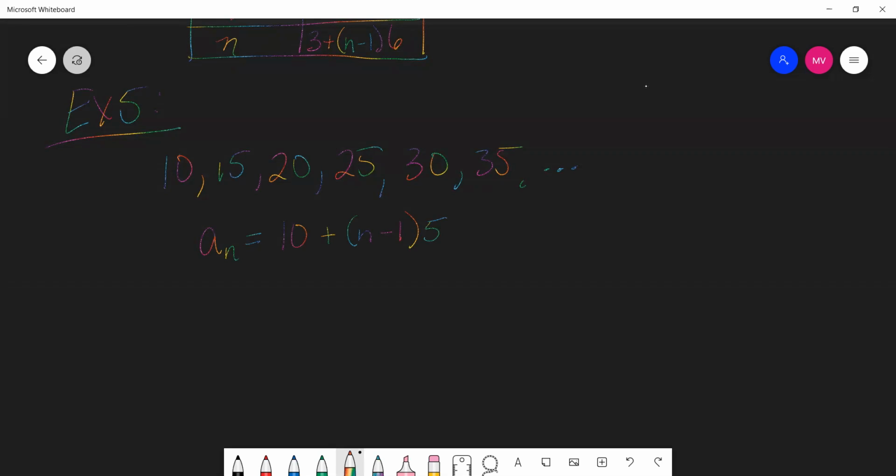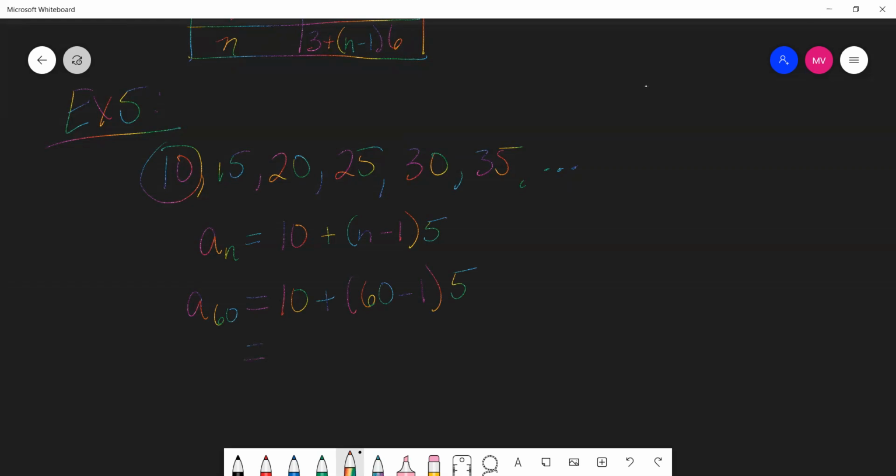We're being asked to find A60, so that replaces our A at position n. A60 equals 10, which is the value of the first term in our sequence, plus 60 minus 1 times 5.